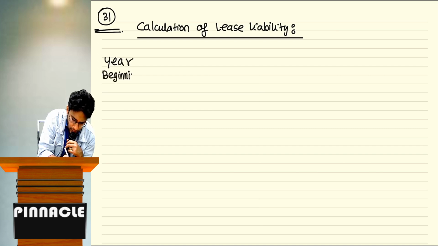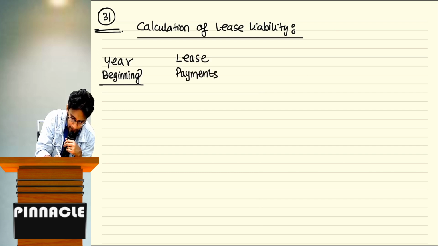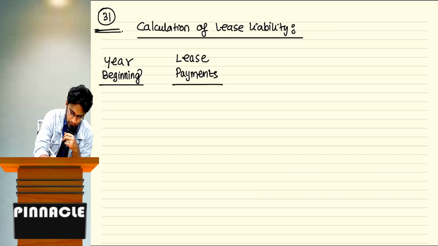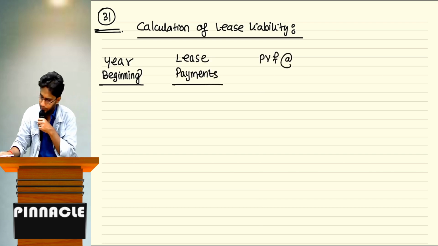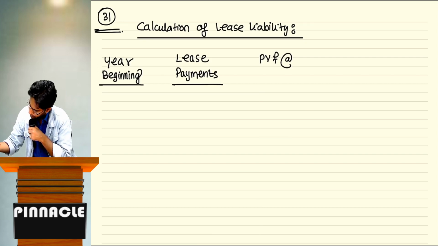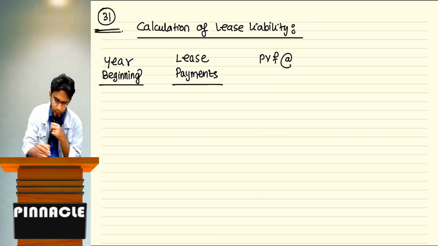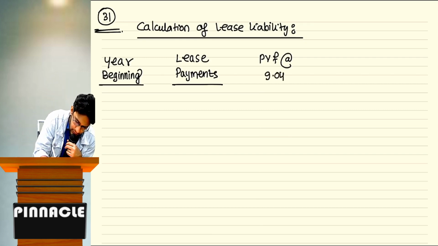Year beginning. Lease payments. PV factors at the rate of, they give you IRIL. How much is IRIL? 9.04%.